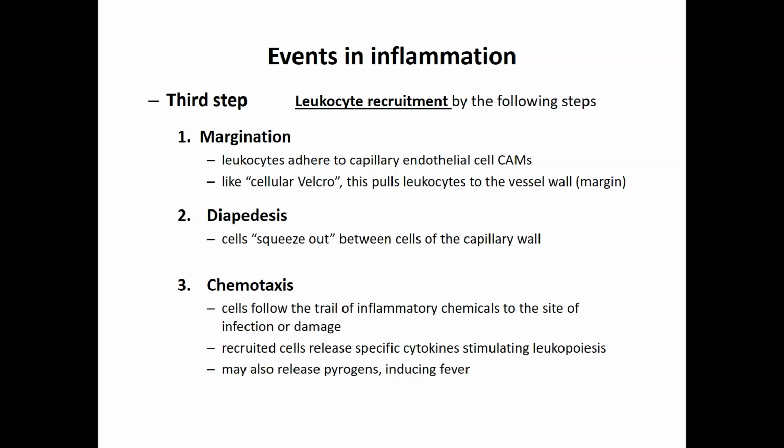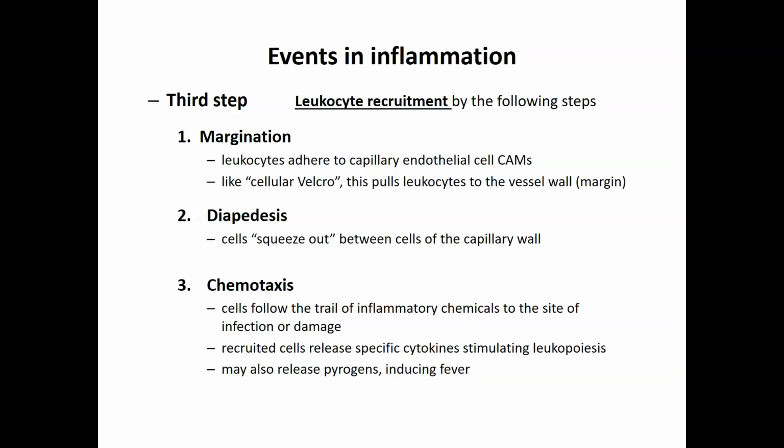Finally, step 3, chemotaxis. When a white blood cell exits out of the blood to the tissue, it's going to follow a chemical trail, the trail of pro-inflammatory chemicals. From area of low concentration, let's say near the blood vessel, to an area of high concentration. This is the site of tissue damage or infection, right?